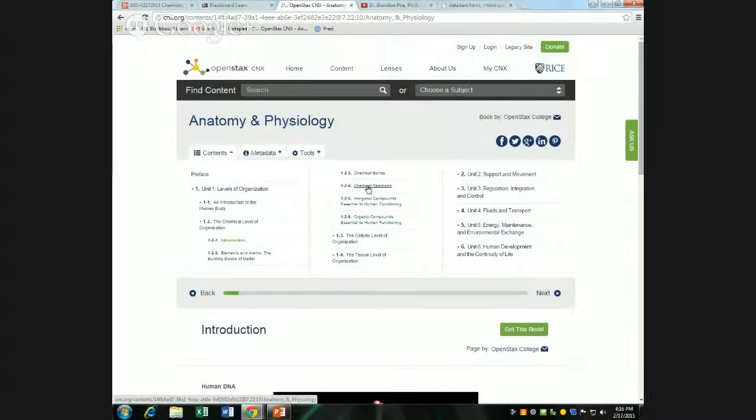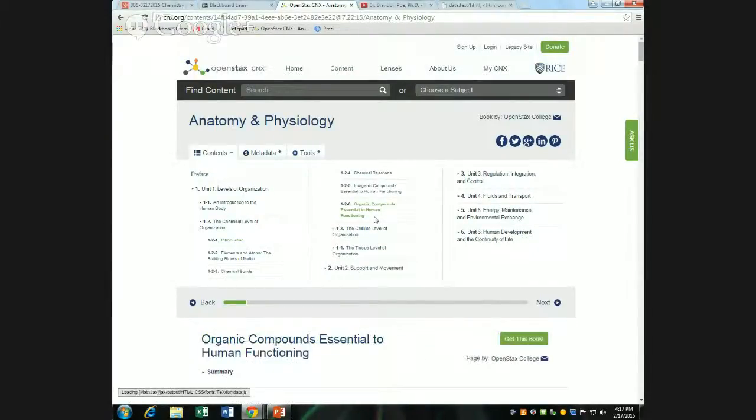Some things about chemical reactions, which is useful to understand basically how things will interact. We don't get into too many reactions themselves in this course, but it's useful for you to have that kind of background. And then it has inorganic and organic compounds that are essential to human functioning, both of which you need to look through. But I want to point out some organic compounds that are important, which are what we refer to as the macromolecules.